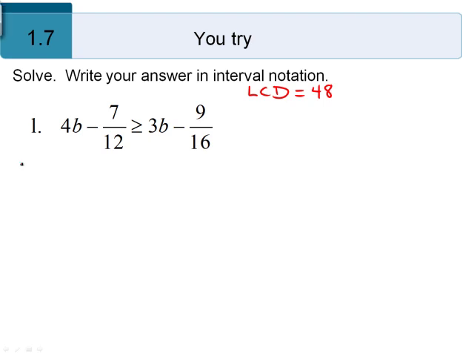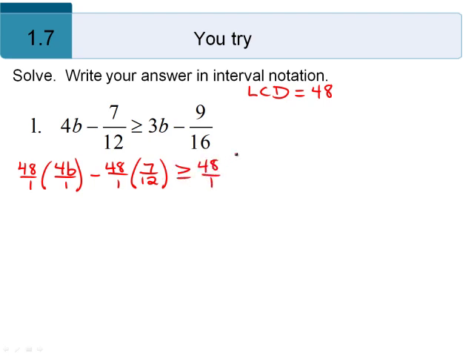Okay? So we're going to multiply 48 over 1 times 4b over 1 minus 48 over 1 times 7 over 12 is greater than or equal to 48 over 1 times 3b over 1 and minus 48 over 1 times 9 over 16.